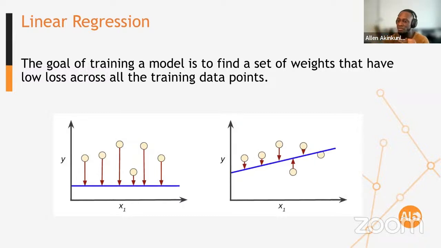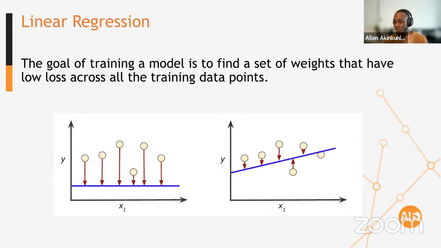Even if it doesn't look linear, linear regression will still approximate the relationship, no matter how complex, with a line. Because it makes that very simplistic assumption, it's unlikely to overfit.